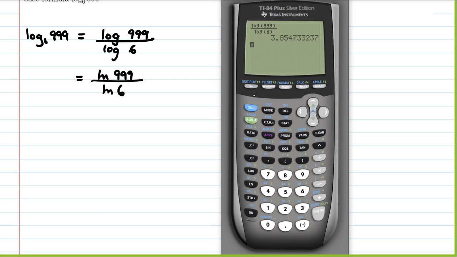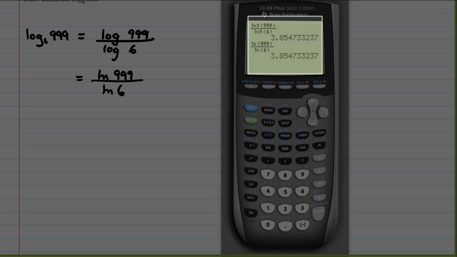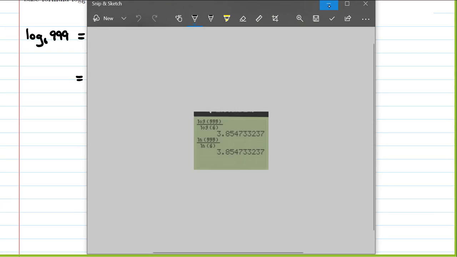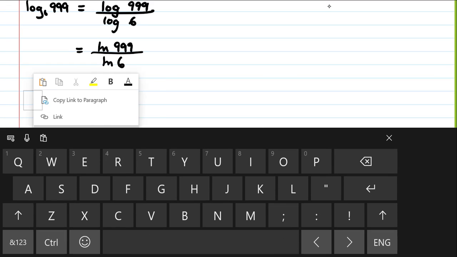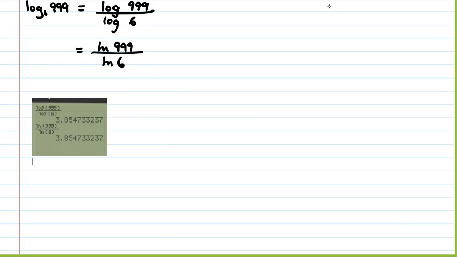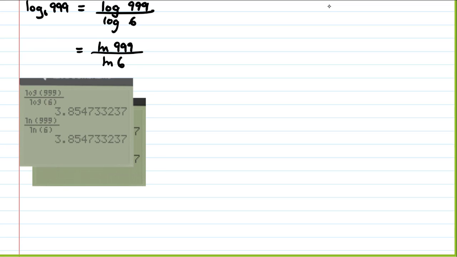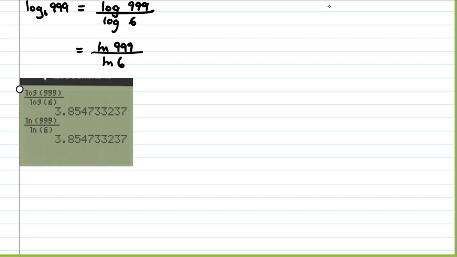And if we do the same thing again, but this time with the natural logarithm, so the natural logarithm of 999 over the natural logarithm of 6, we also get the same value, right? Okay. So we can change to any other base we wish using this formula. For practical purposes, the most useful things to change to are 10 and e for our bases, although there may be occasion we want to change to other things.